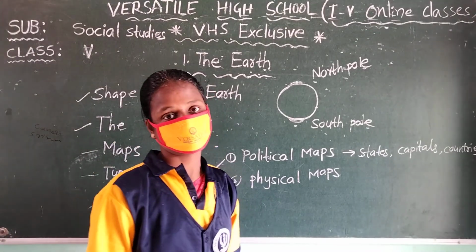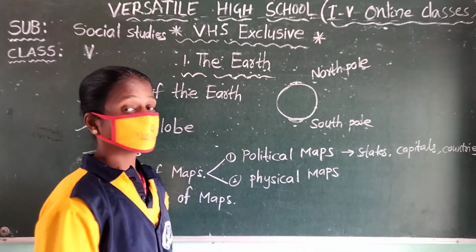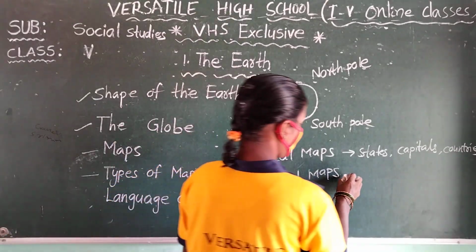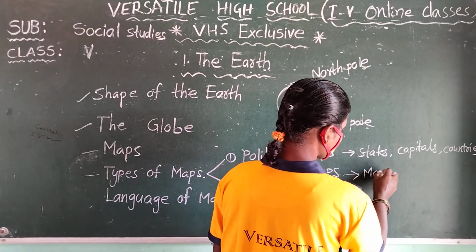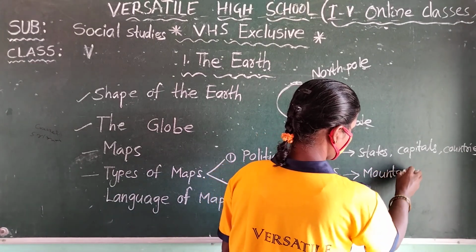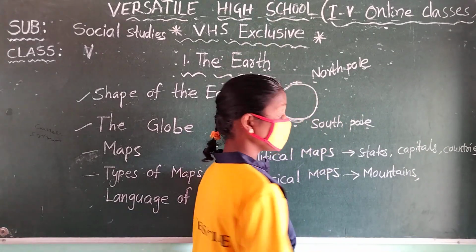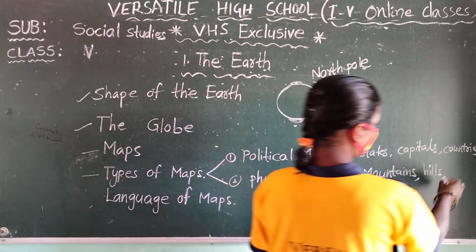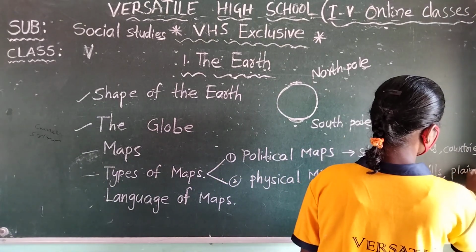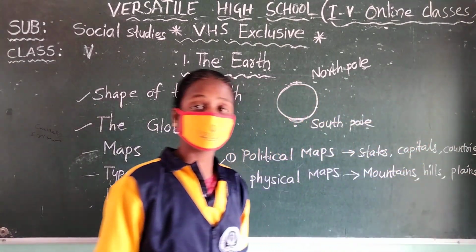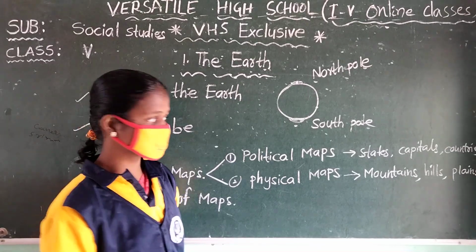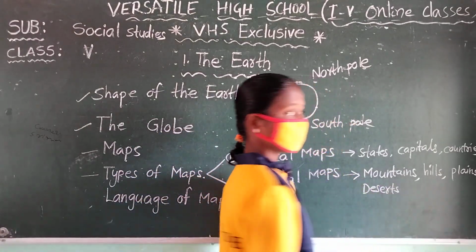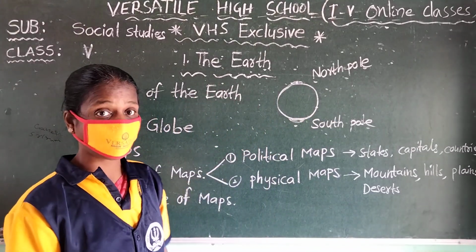Physical maps. In physical maps, the boundaries of the earth between the countries, mountains. You know mountains? Mountains. Hills. Plains. Plateaus. Deserts. The land covered with sand.